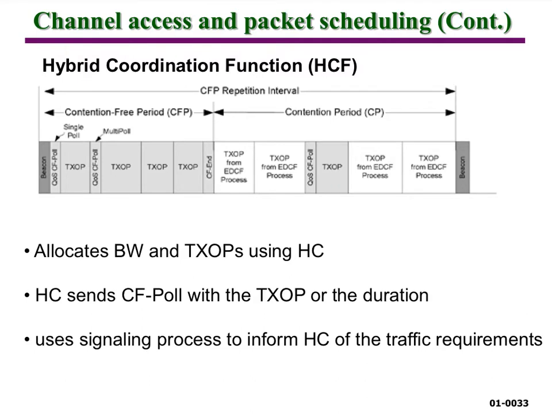We call this controlled contention. Okay? So during this period, the hybrid coordinator, if it successfully seizes access to the channel, will inform everyone to go into NAV, and only the node that's polled will gain this traffic opportunity to send in a collision-free environment.